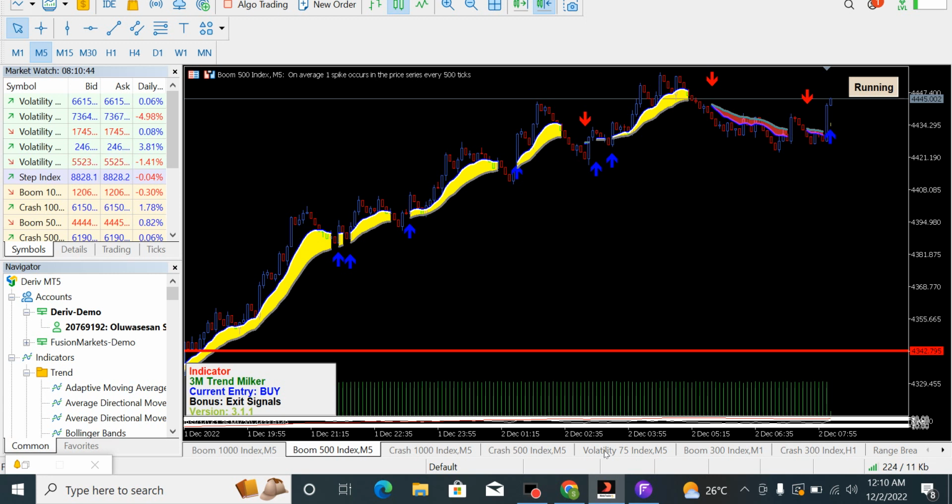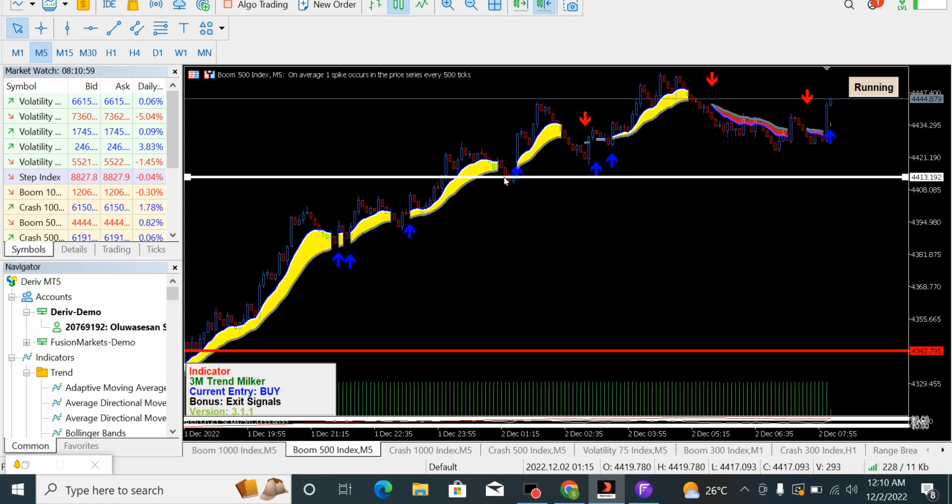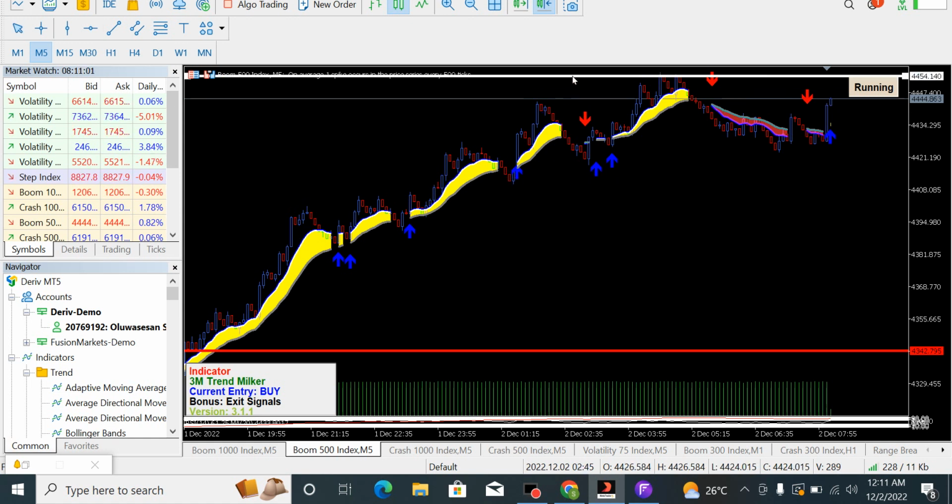The resistance is always at the top, while the support is always below the candles. All these are very important. Then we also have the minor and major resistance and support zones. When you understand all these, then you will be able to milk the market successfully.